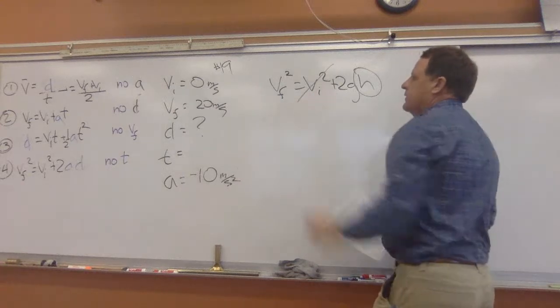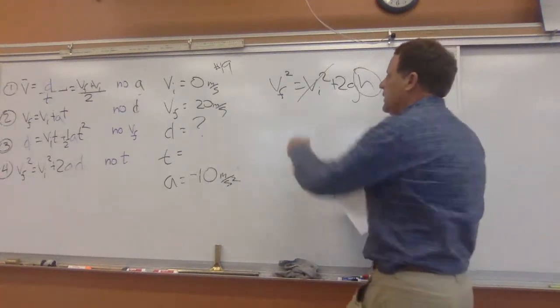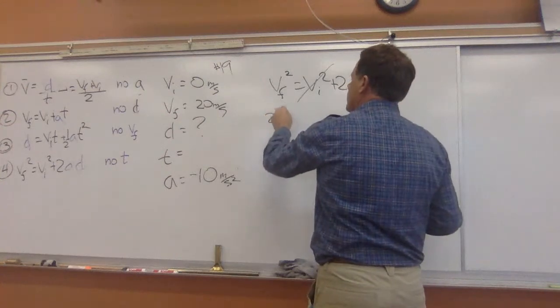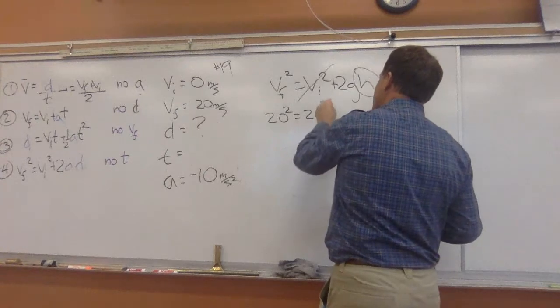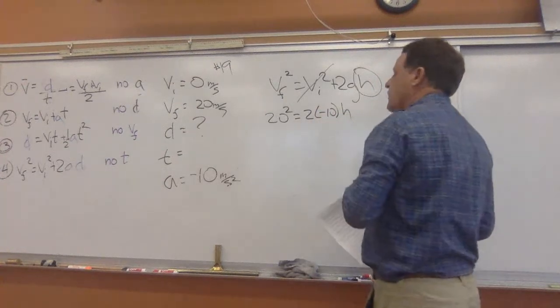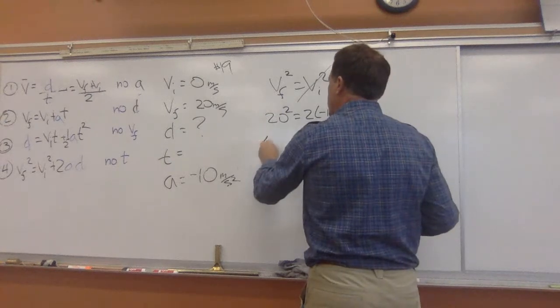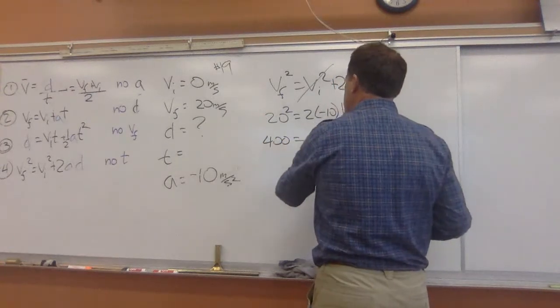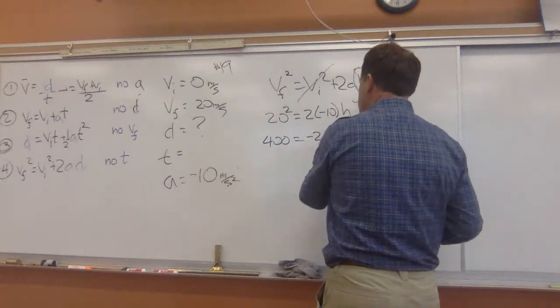Okay, our initial velocity is 0, so that VI squared is going to go away. So this is going to be 20 squared is equal to 2 times -10 times our H or our distance, okay? 20 squared is 400, equal to -20H.